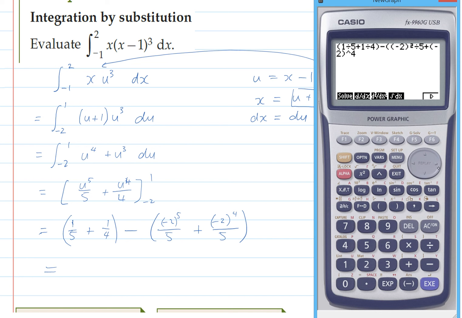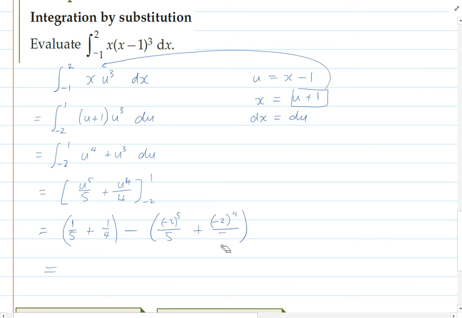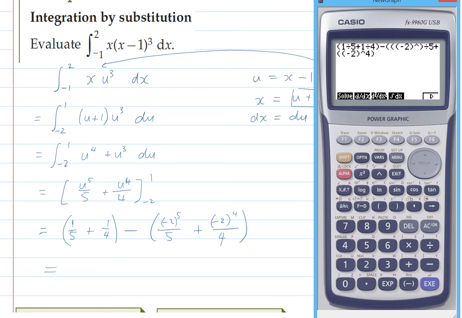It shouldn't be to the 2, it should be to the 5. I'll put an extra set of brackets just to help that. Same thing here, extra set of brackets, and that one there I've written divided by 5, but it should be divided by 4, so we need to make sure we put that in correctly. So divided by 4. Okay, I've got a syntax error. That should be 2.5. There we go.